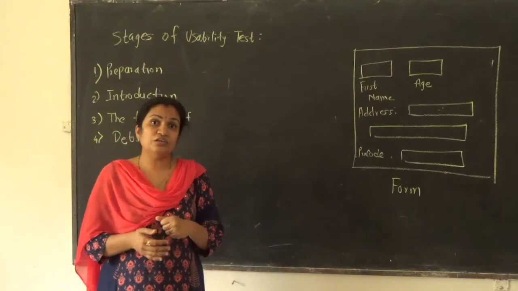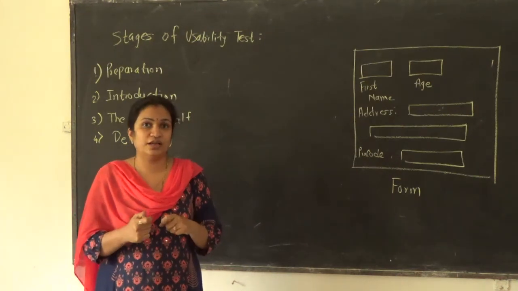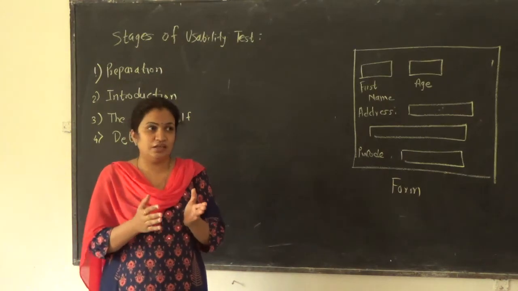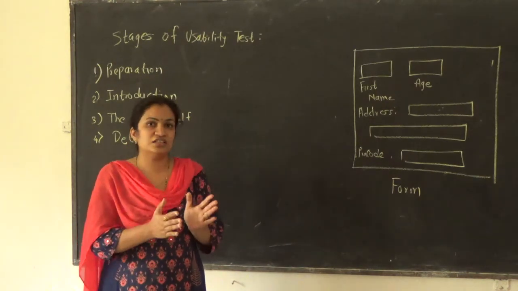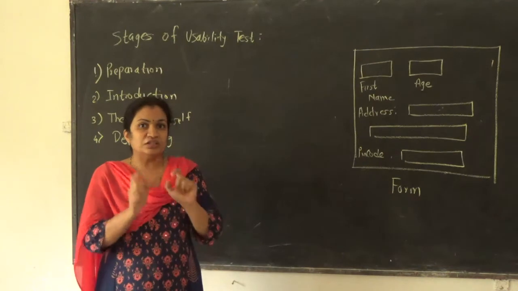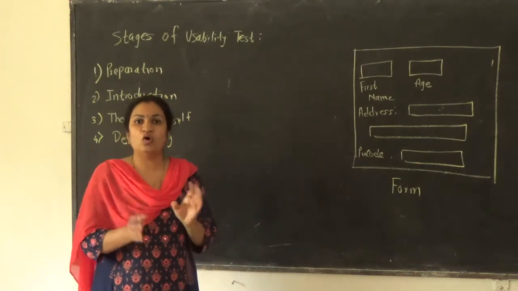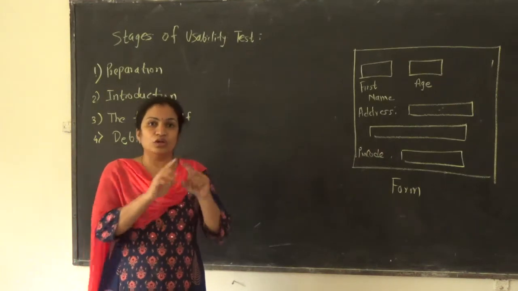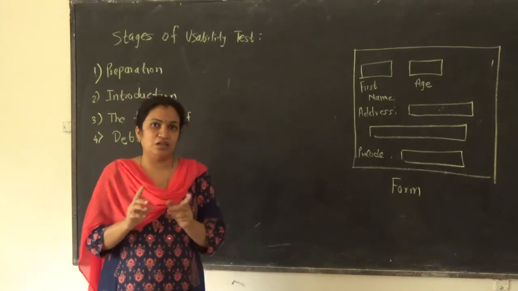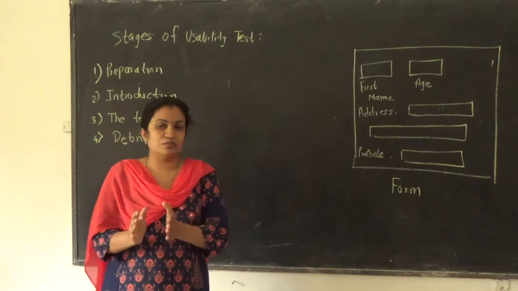But before doing the video recording, I should make sure that the setup in that particular lab is such that I am not showing the face of the user. Only the movement of the mouse, keyboard and the screen should be visible in the camera.